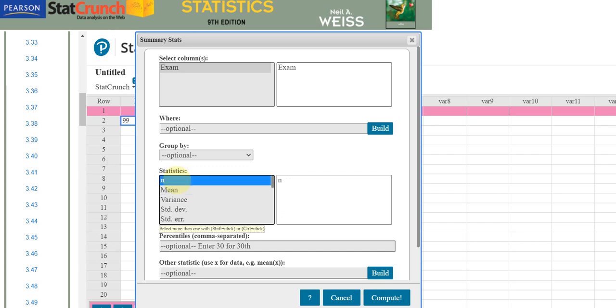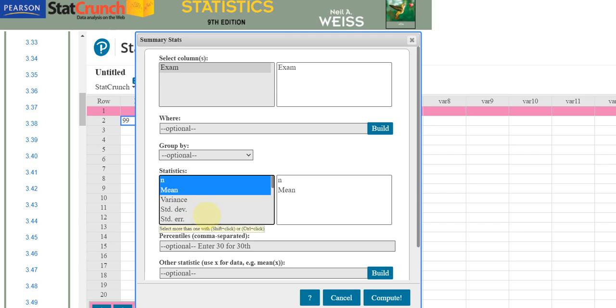Now I'm gonna press and hold the control button on my keyboard. Don't let go, and don't press too hard, okay? Just gently press on the control button and hold it, and left click once on the mean. Don't let go of the control button.